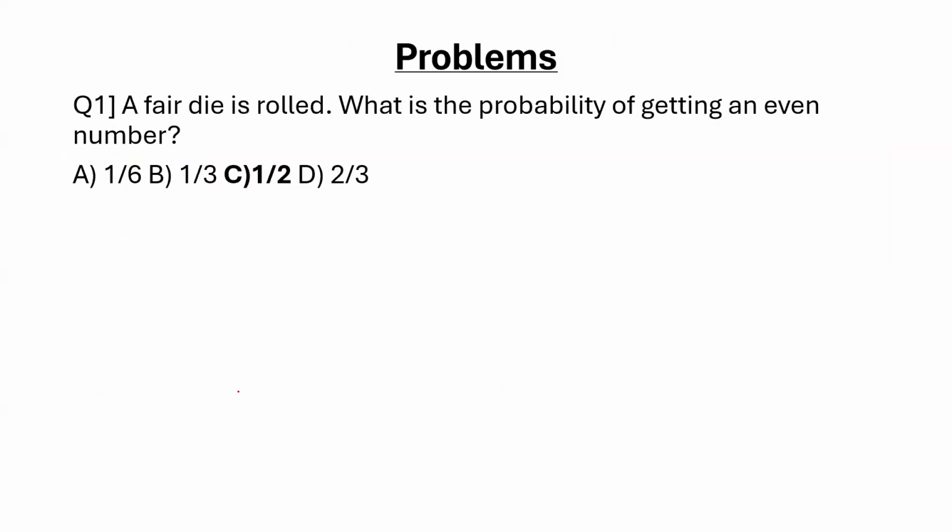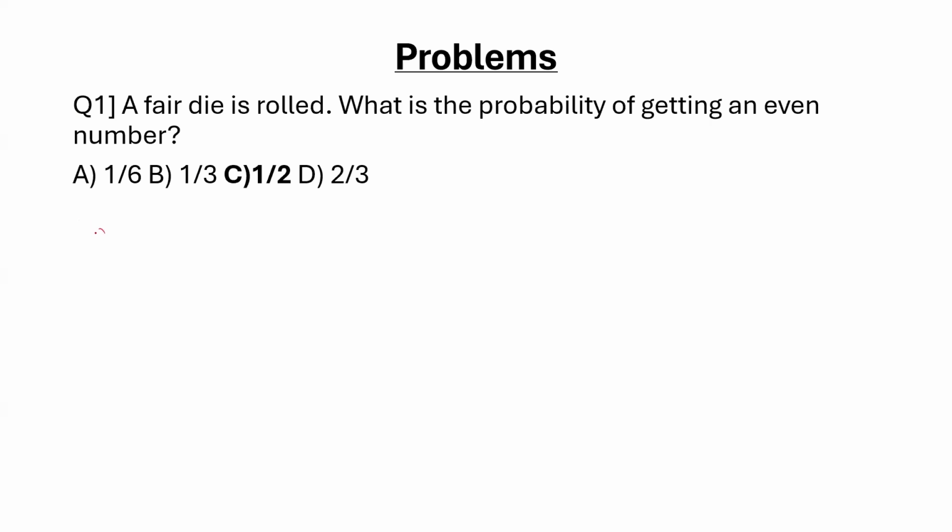So now we will look at some basic problems. Here you have a die. Die means a six-faced die. Suppose you are playing the Ludo game. So that die we are talking about. So a fair die is rolled. What is the probability of getting an even number?